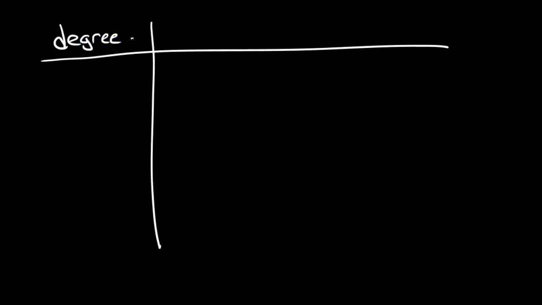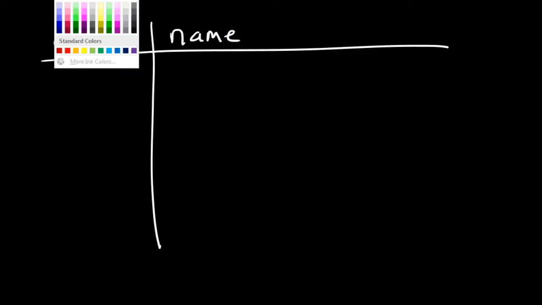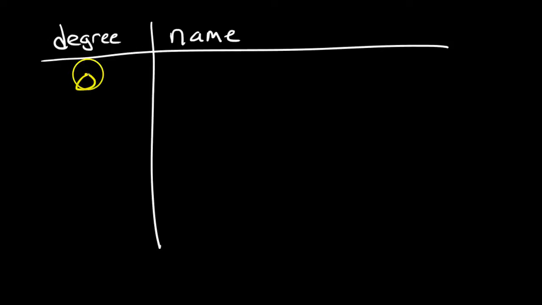Alright, so here's a chart with on the one side we're going to have degree, and on the other side we're going to have the name. So if the degree is 0, I'll color code all these. If the degree is 0, that is called a constant.